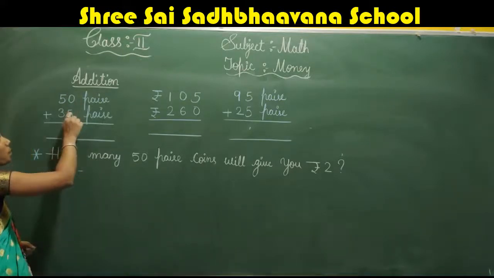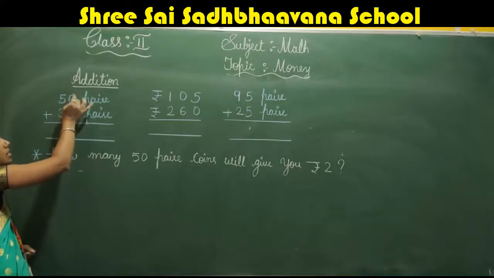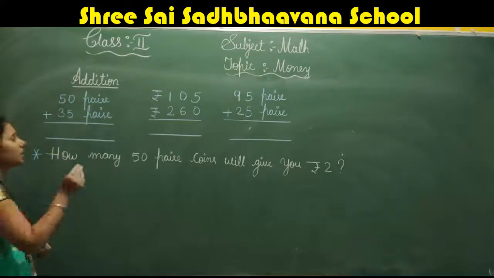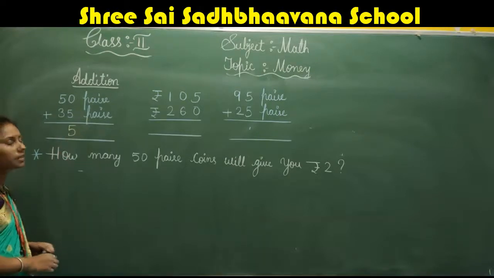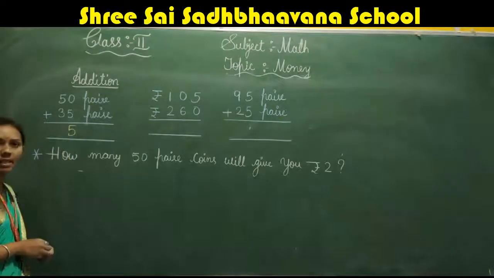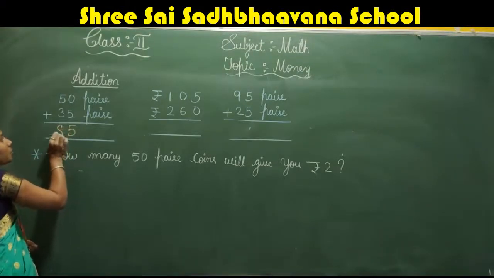So 0 plus 5. Let us start adding this first. 0 plus 5 how much? Yes, 5. Then 5 plus 3? 8. You are right.